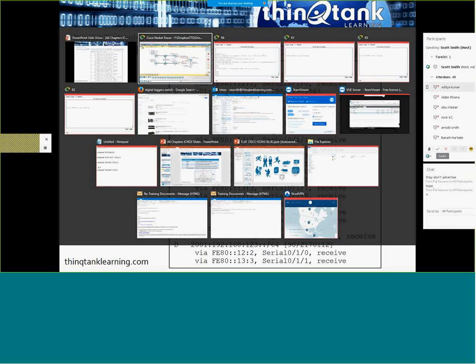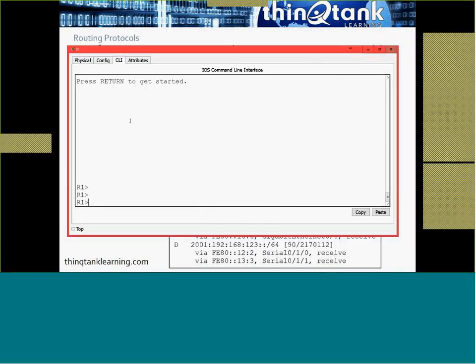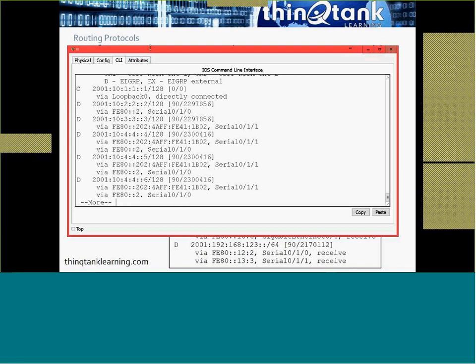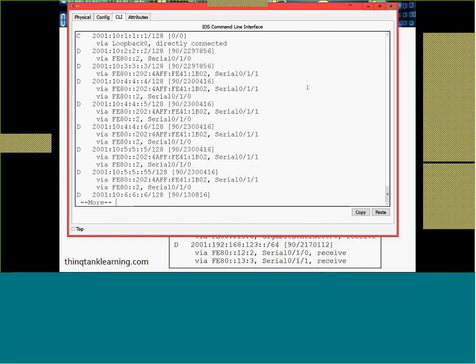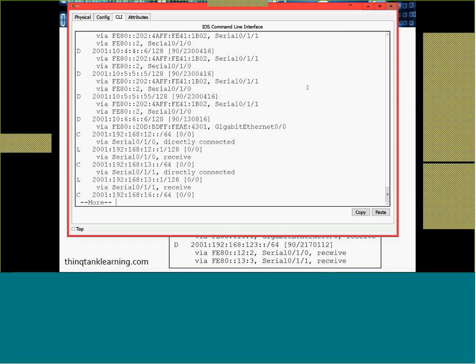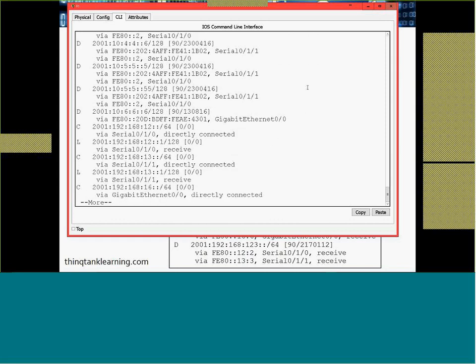If I come into router 1 here, and I do a show IPv6 route, you can use the EIGRP keyword, Packet Tracer doesn't like it for some reason. So what about the equivalent of the 10.5.5.5?